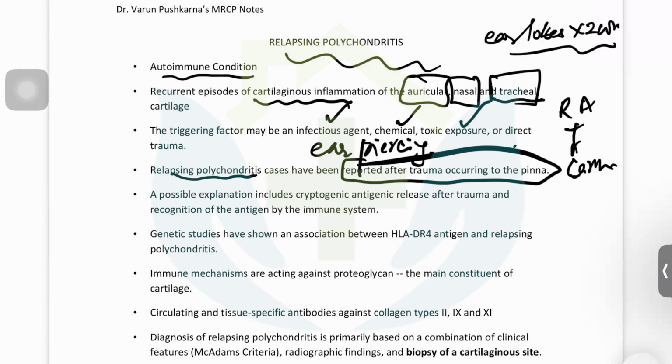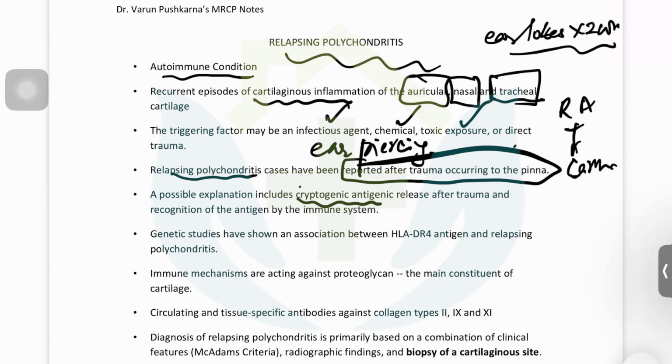There is the theory that the cryptogenic antigens are released into the circulation when the cartilages are pierced, at the junction of the blood and the cartilaginous membrane barrier. So when these autoantigens are exposed, the autoimmunity develops, leading to polychondritis.